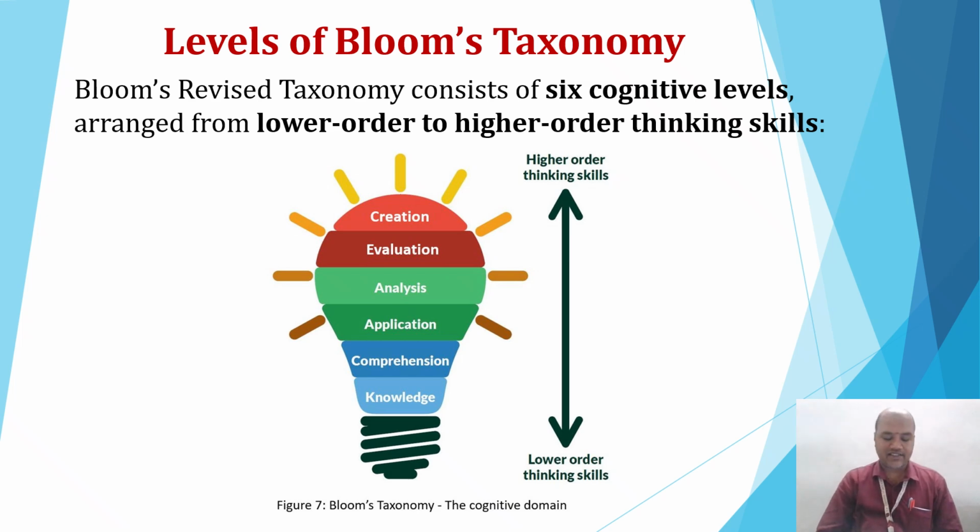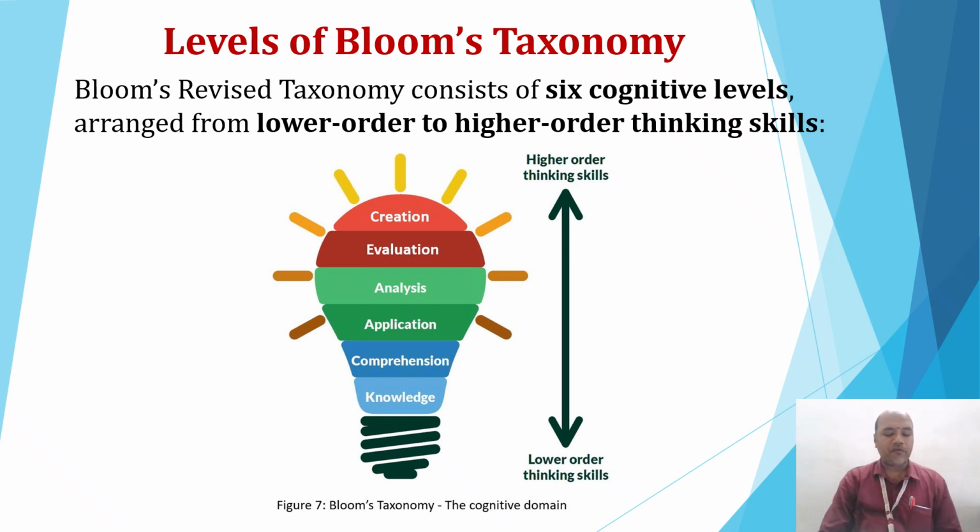I will give the sample questions. Design a business model for a digital startup. Develop a training model for employee skills enhancement. So these are the sample questions for level 6. The skills developed are creativity, innovation and entrepreneurship. So these are the levels of Bloom's taxonomy.